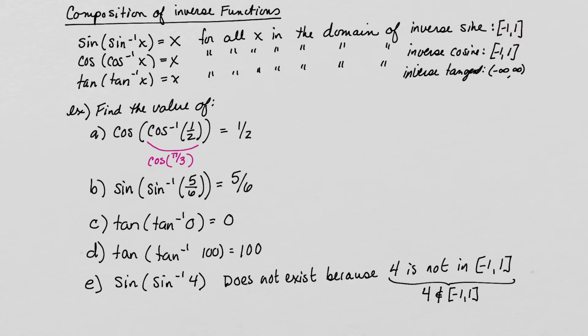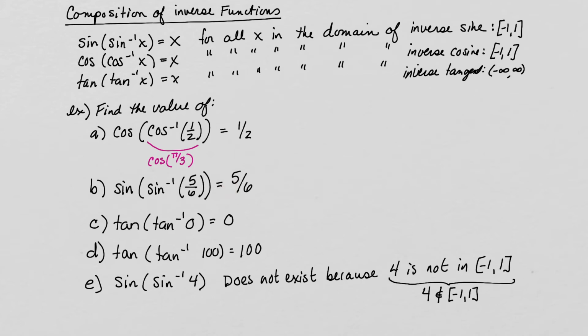So if you took 5 and divided it by 6, you're going to get some number between -1 and 1. Let me divide it. I don't know what it is off the top of my head. So 5 divided by 6 is 0.8333, it repeats. So 0.83 is a number that is between -1 and 1. So since 5/6 is some number between -1 and 1, the sine and the inverse sine essentially cancel each other out, and I'm just left with the 5/6.